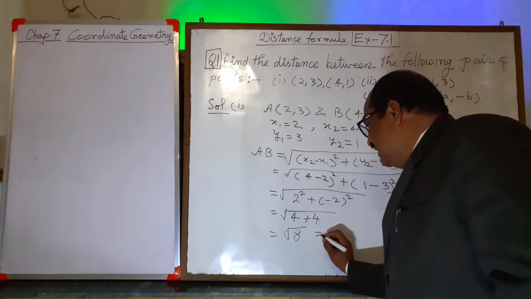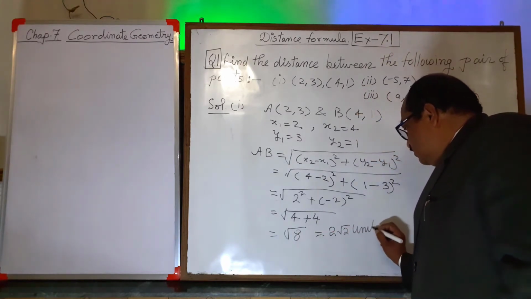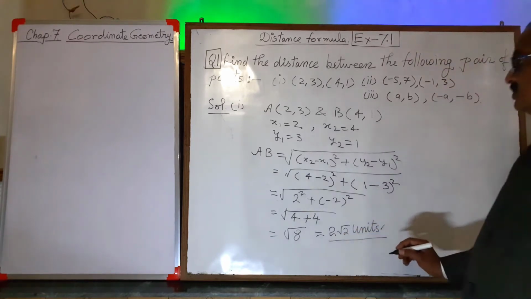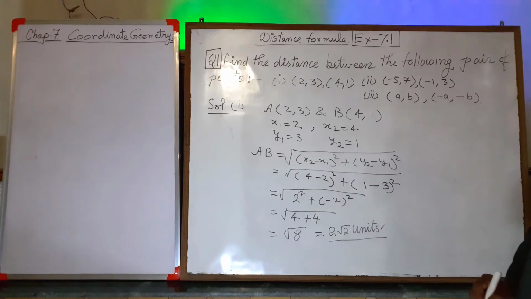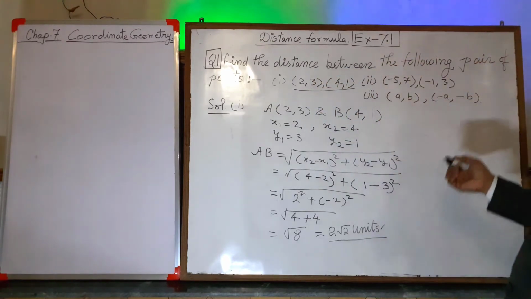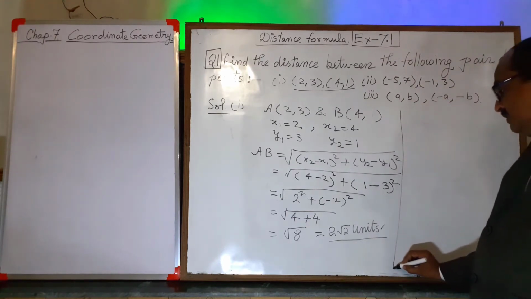Under root 8 can be written as 2 root 2 units. Don't forget to write the units. So students, this is the solution of its first part. Similarly, you can do the solution of second part.